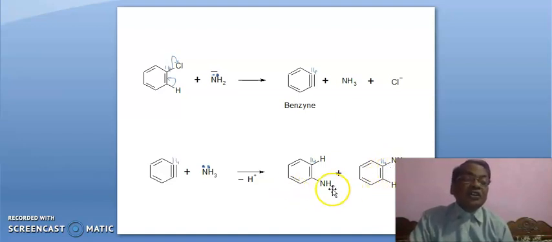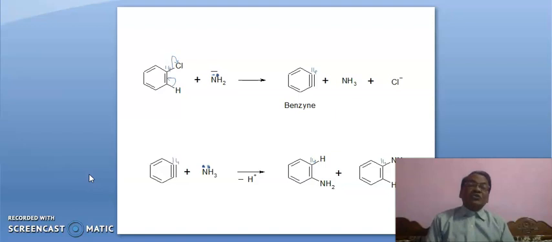Therefore, these two anilines are not equivalent. Friends, again I am going to underline this, that in the benzyne mechanism, it is not always the case that the amino group will be attached to that carbon which is vacated. No, it is not always true.